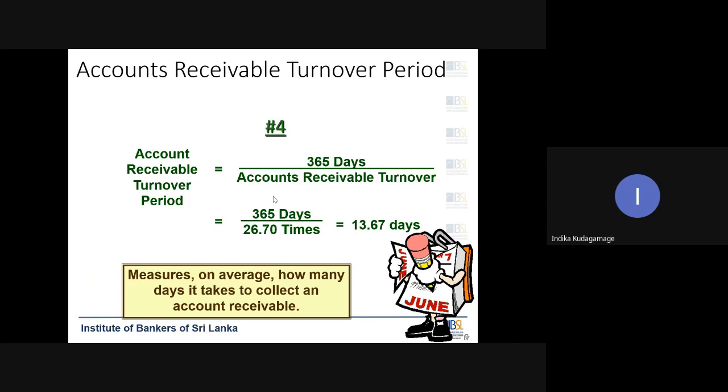So the debtor turnover period should be small. Then the stock turnover period should be small. The creditor turnover period should be large as much as possible, right?